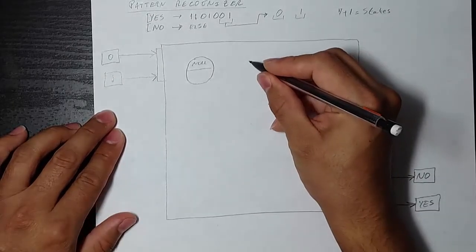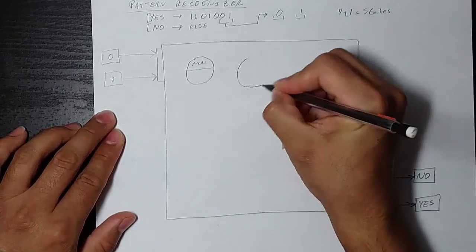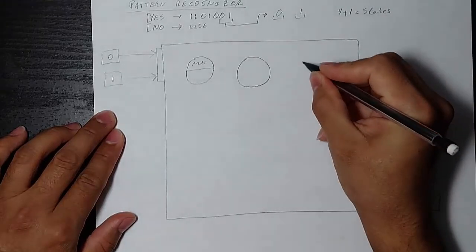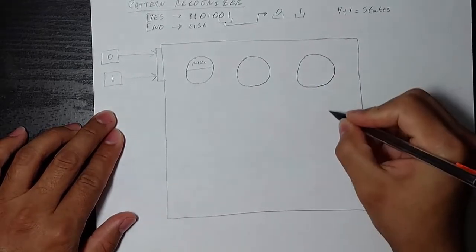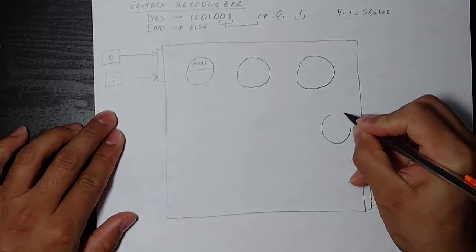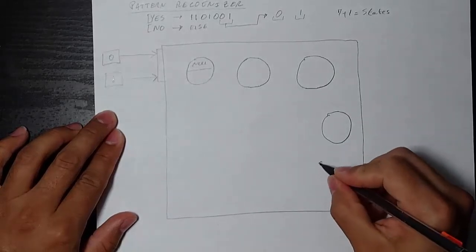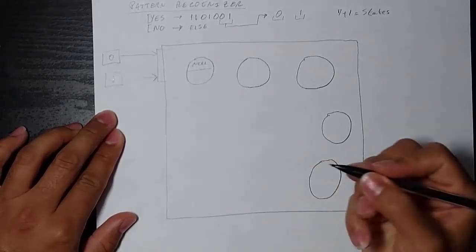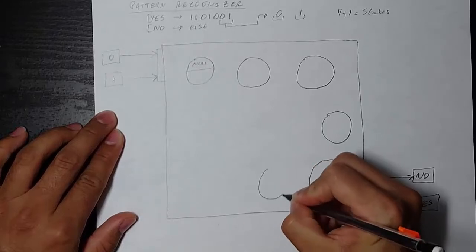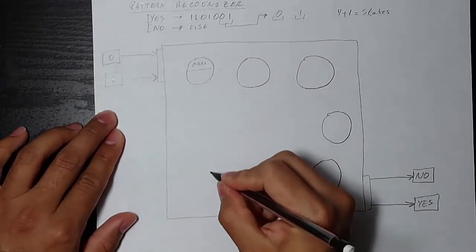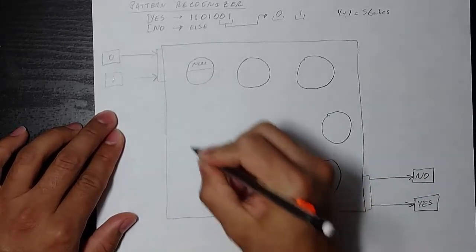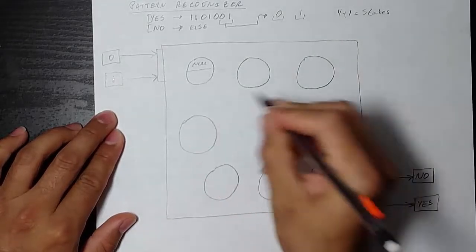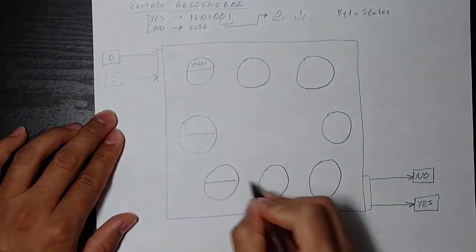So let's go 1, 2, 3, 4, 5, 6, 7, 8. So let's name our states.